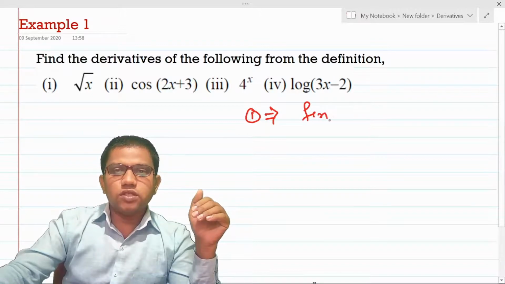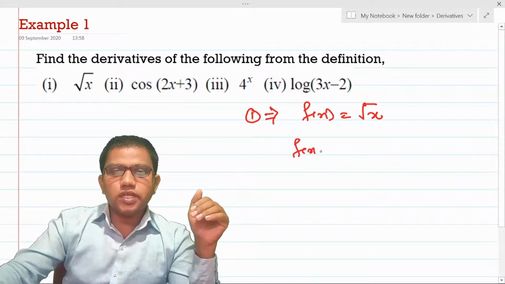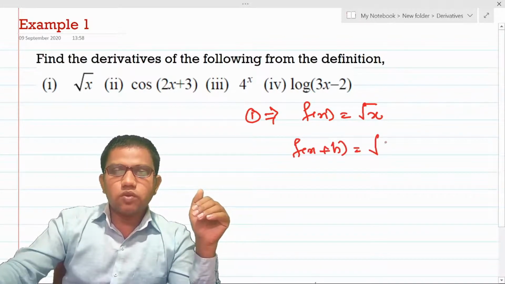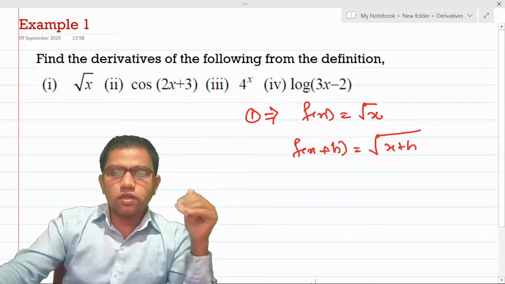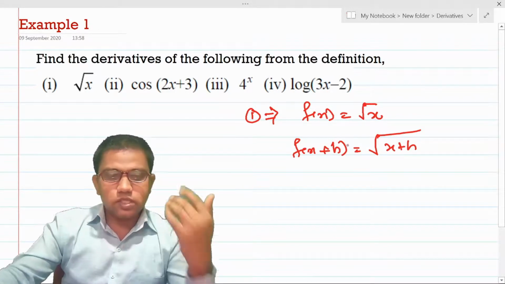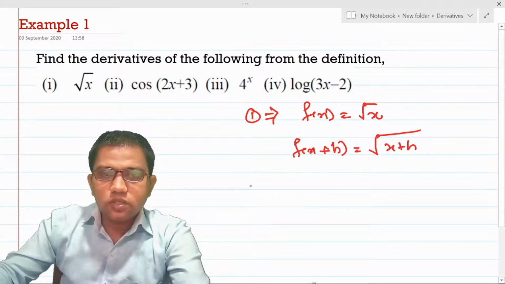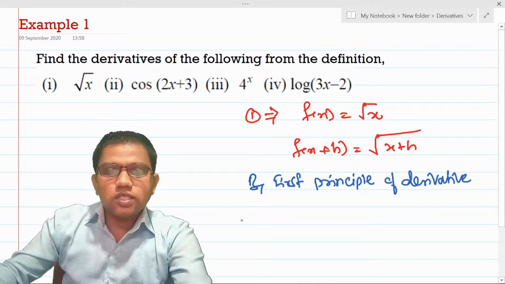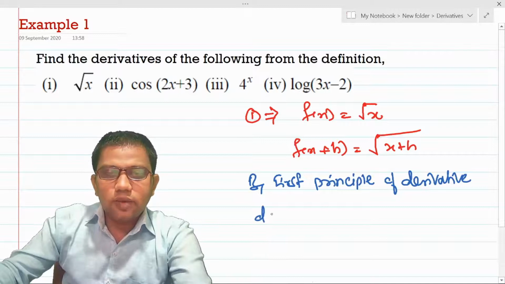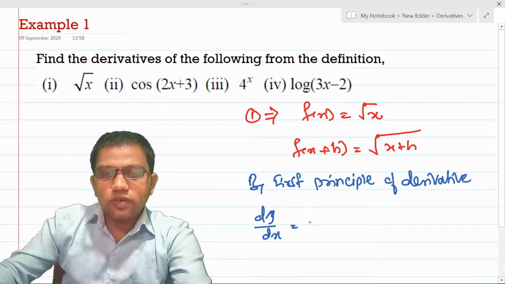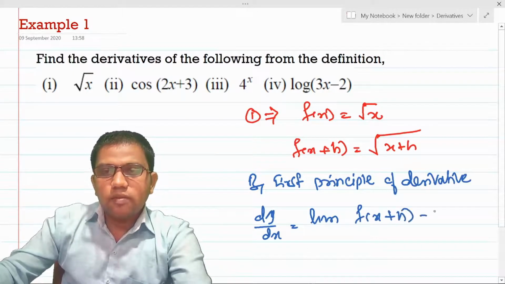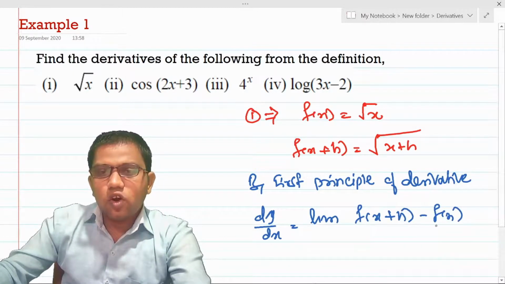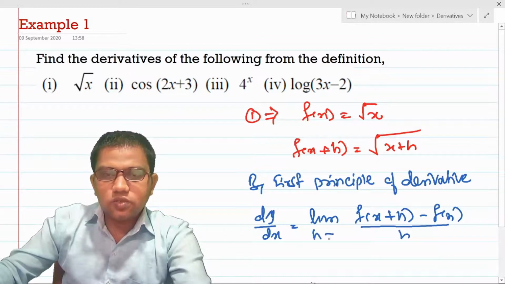f(x) is what? f(x) is equal to root over x. What is f of x plus h? It is nothing but root over x plus h. Am I right? And now use the first principle. What is the first principle of derivative? So by the first principle of derivative, dy by dx is equal to limit f of x plus h minus f(x) upon h as h tends to 0.